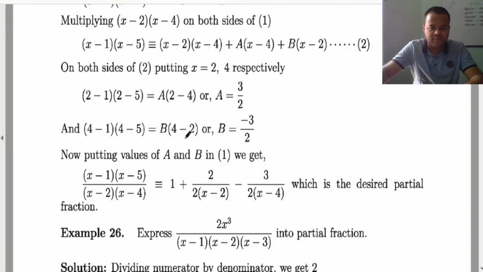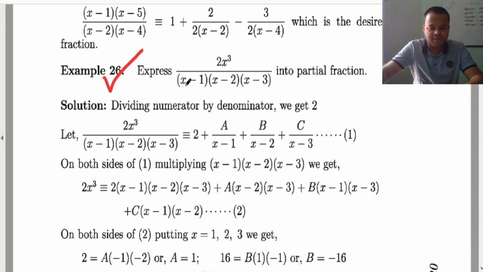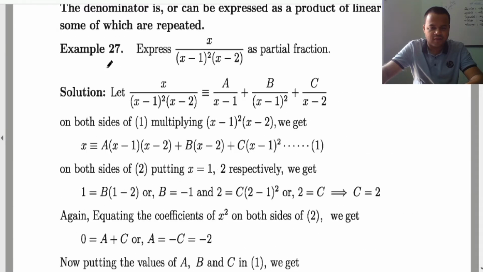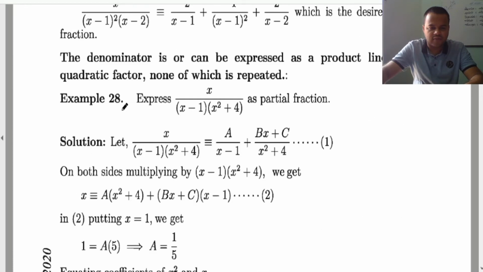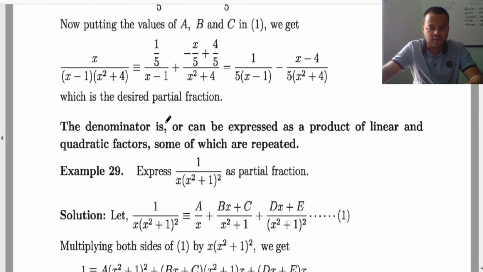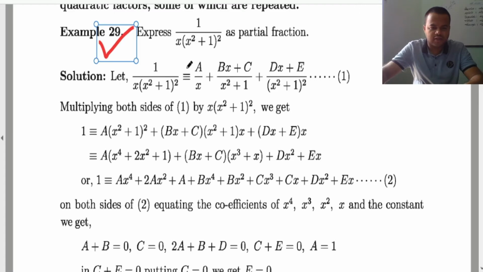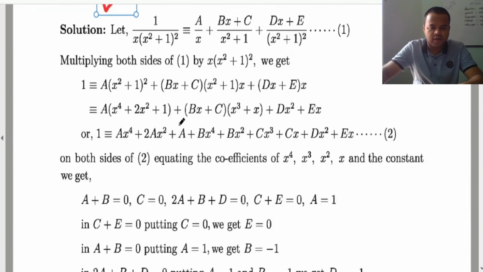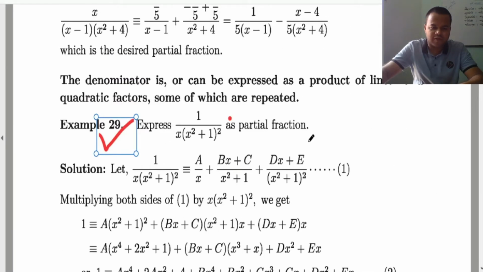Number 25 second type, number 26 and number 27 third type, number 28 fourth type, and number 29 fifth. This type is very important. Very important.